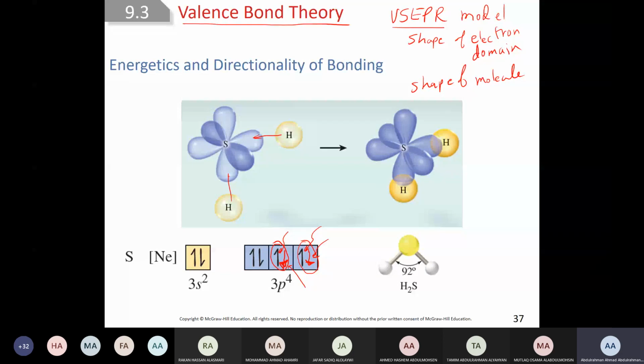And we know that the angle between the p orbitals is what? If this is px and py, what's the angle between them? 90. And if the hydrogen comes and bonds like this and like this, what do you expect the angle to be?